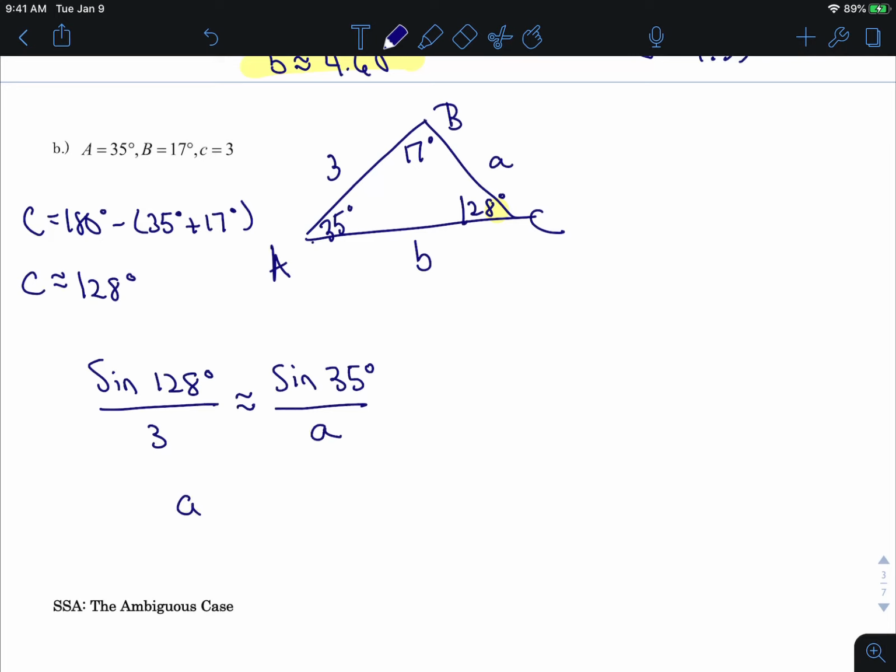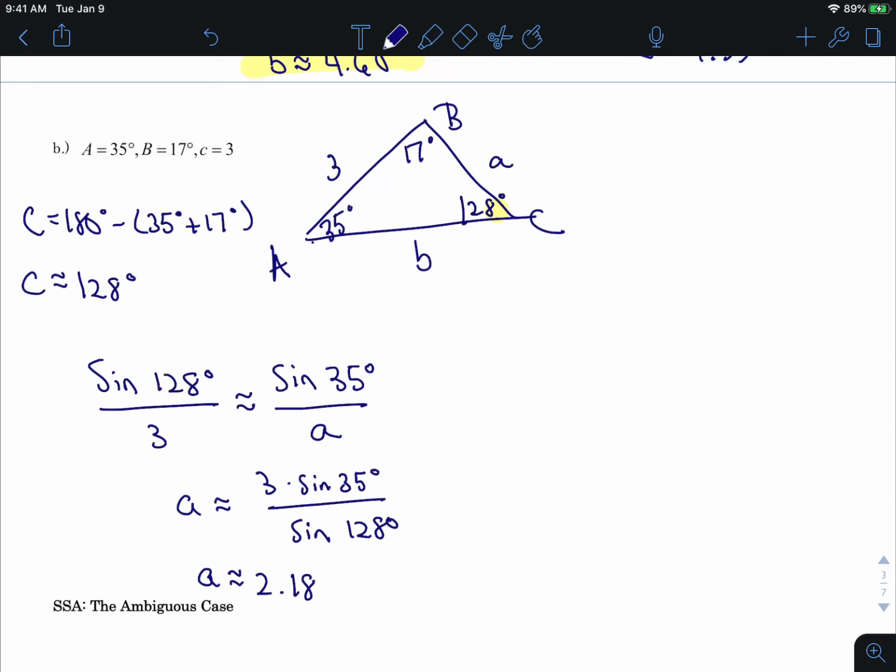And cross multiply. And just to save a little time, but you can be doing this on your own hopefully, I'm going to end up getting 3 times sine of 35 degrees divided by sine of 128 degrees. And using Desmos, I end up getting 2.18.